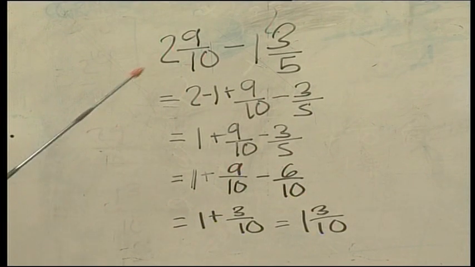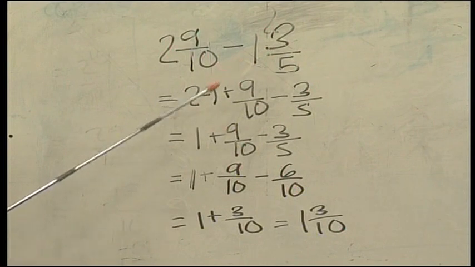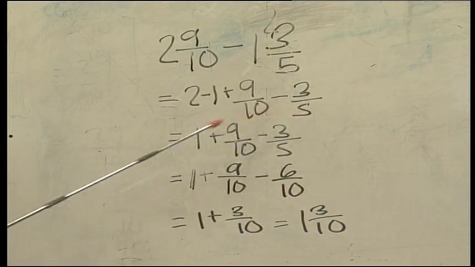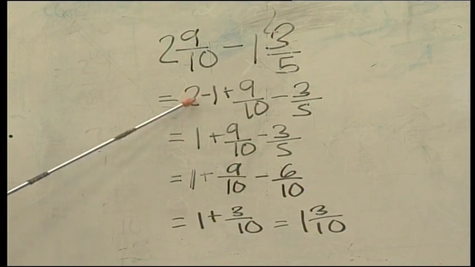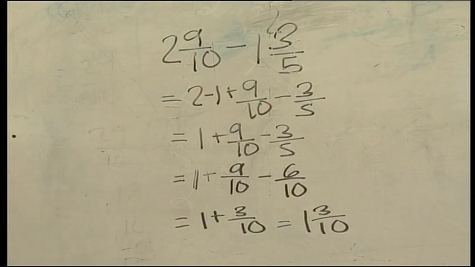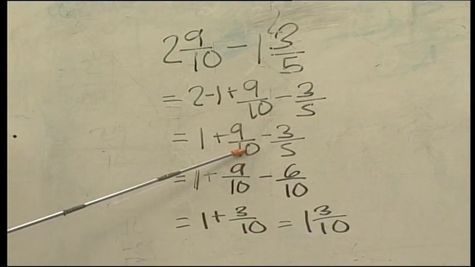All right, so 2 take away 1 plus, you keep the 2 proper fractions, plus 9/10 minus 3/5 equals 2 take away 1 is 1 plus 9/10 minus 3/5. Now, before you go down to this step, firstly, what do you do?